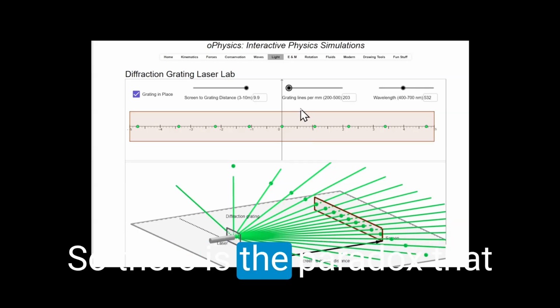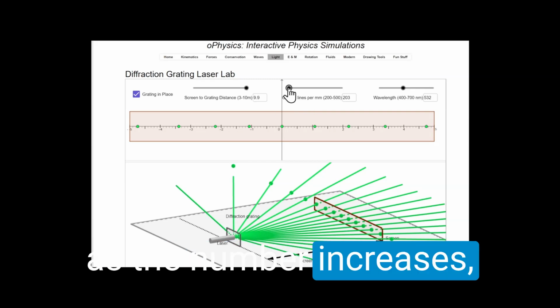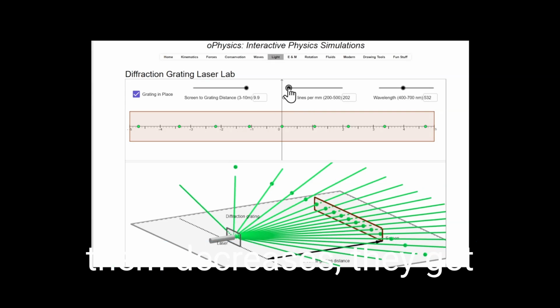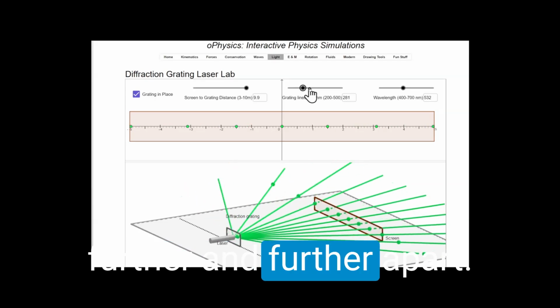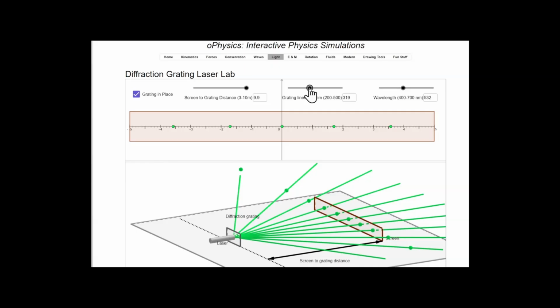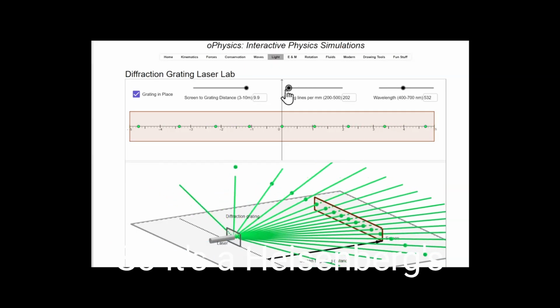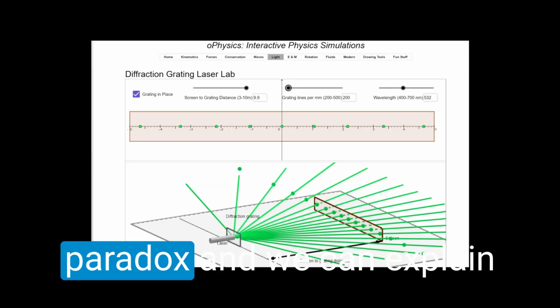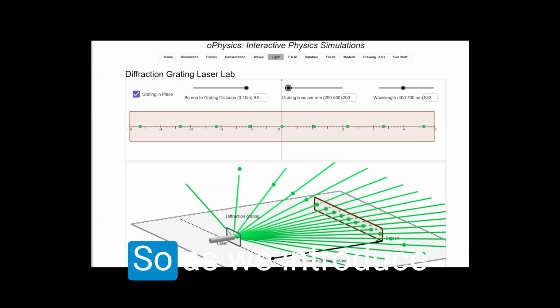So there is the paradox that as the number of slits increases, so the distance between them decreases, the bright spots get further and further apart. It's Heisenberg's paradox, and we can explain that mathematically.